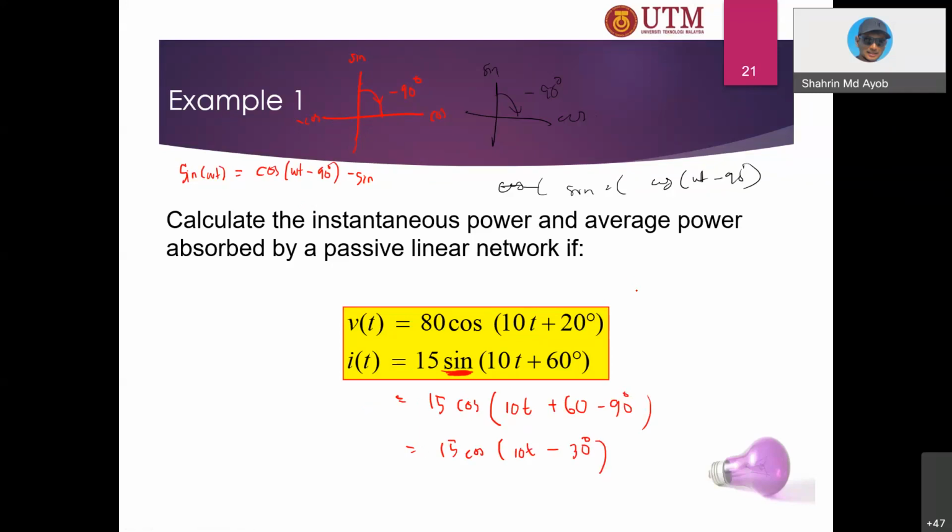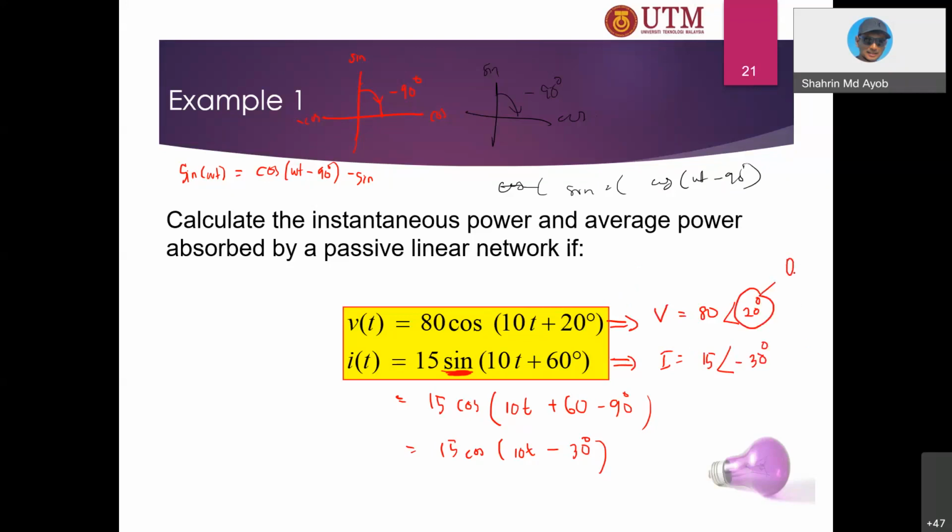In polar form, I can write down my V is equal to 80 with an angle of 20 degrees, and my current is 15 with an angle of negative 30 degrees.